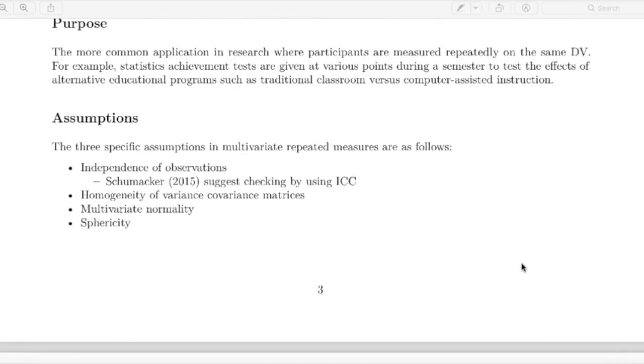I kind of already talked about the purpose. So the assumptions are very similar to the assumptions we had for your generic repeated measures ANOVA. For MANOVA, they're going to be pretty much the same. We're going to check for independence, and I've mentioned this before. You can check independence just on the design, whether the participants seem independent.